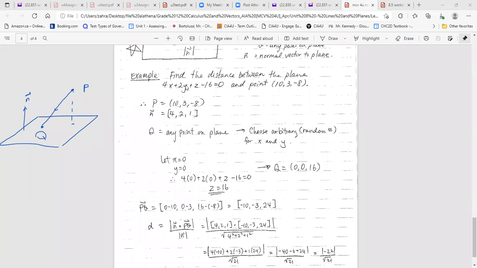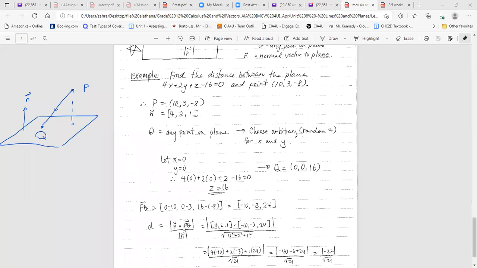I can put x and y as 0 and find z, which is 16. So Q is (0, 0, 16). Now I need to find PQ, which is the second point minus the first one. So Q minus P: 0 minus 10, 0 minus 3, 16 minus -8. You do that, and this is the PQ.